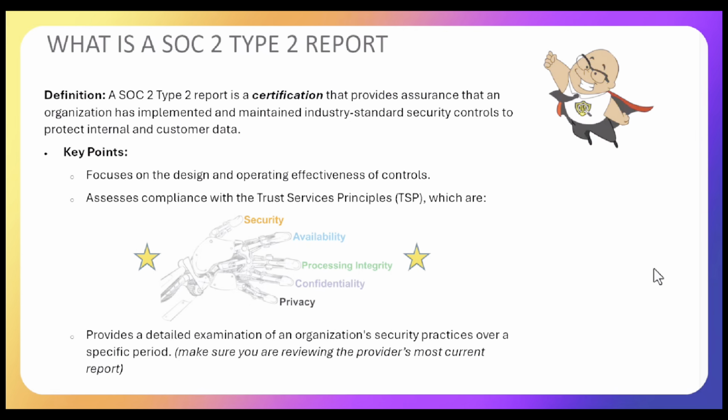So what exactly is a SOC 2 Type 2 report? Basically, it's a certification that provides assurance that your organization has implemented and maintained industry standard security controls to protect your internal applications and systems as well as customer data. The focus of this report is to ensure the design and operating effectiveness of your control environment.